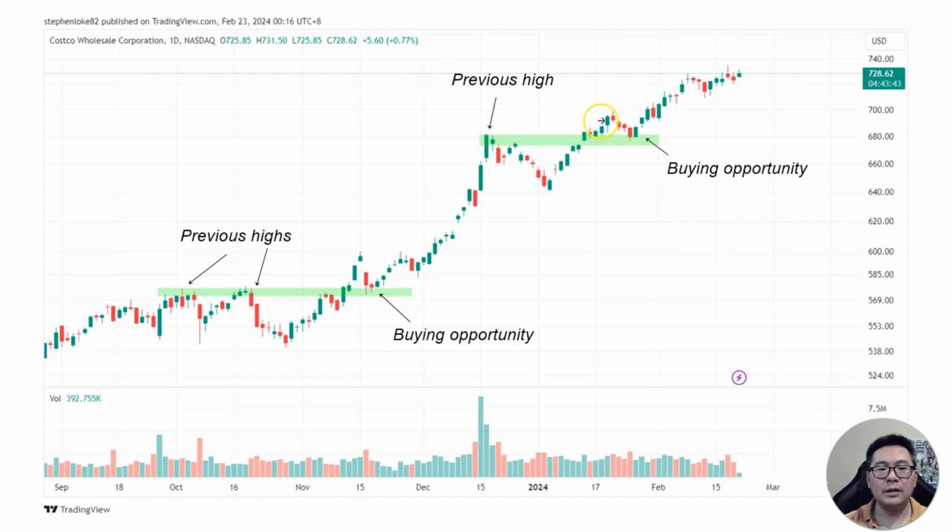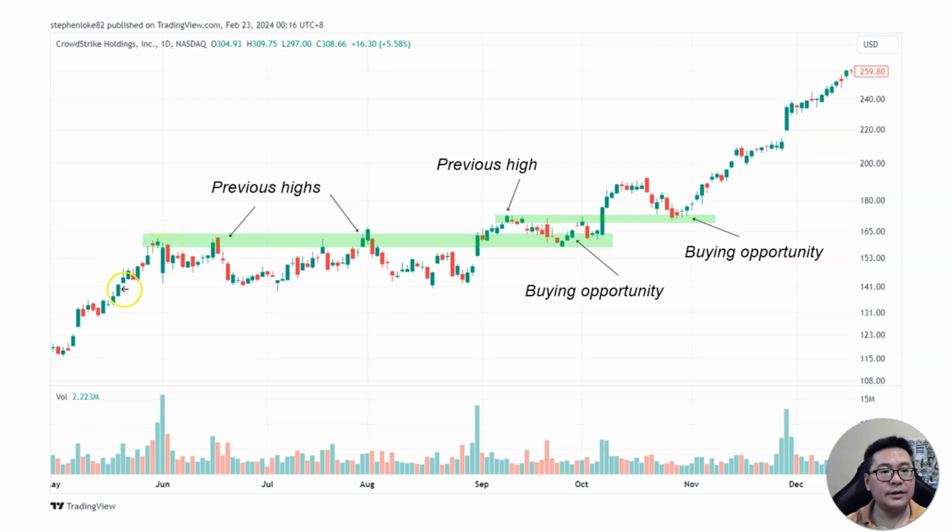So if you remember the technical analysis, once a previous high is overcome, it becomes a new area of support. And what happened? When the stock corrected, there was a very ominous looking red candle, but immediately the next day there's a green candle, and traders can actually buy the stock here, put a stop loss here. Why? Because this is an area of support and you can ride it higher for a swing trade.